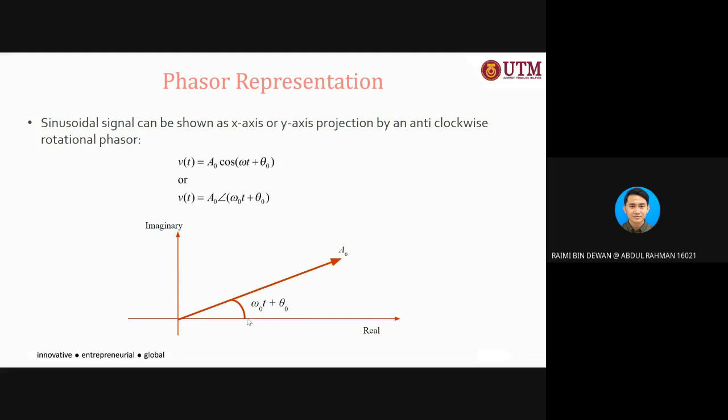So here v(t) equals A_0 cos(omega t plus theta_0), or in terms of phasor representation, it would be like this: A_0 angle (omega_0 t plus theta_0). They say this is 45, so this one is accordingly.